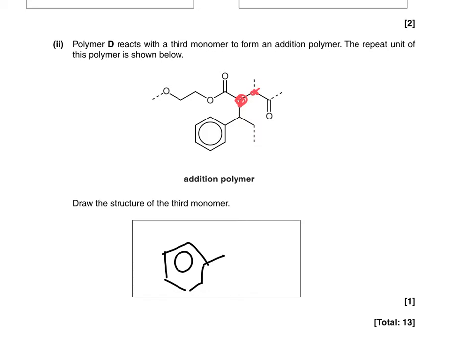What happens with these is the double bond that was here breaks and attaches to the next one. So there will be a double bond here that broke and formed attachment to the next one. So this, not very well drawn, I'm blaming the tablet, I can't do very good lines on this, is going to be our monomer. Nice fiddly way of asking a straightforward question.